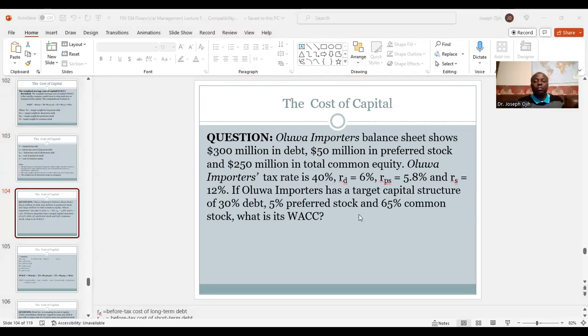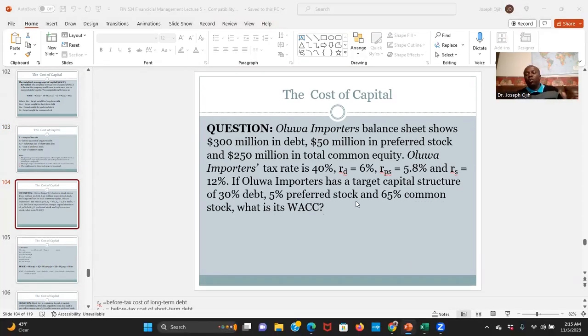At this point, I think we are ready for work, having given you this short and clear background. Look at this question here. It says, Oluwa Importers' balance sheet shows $300 million in debt, $50 million in preferred stock, and $250 million in total common equity. Oluwa Importers' tax rate is 40%.